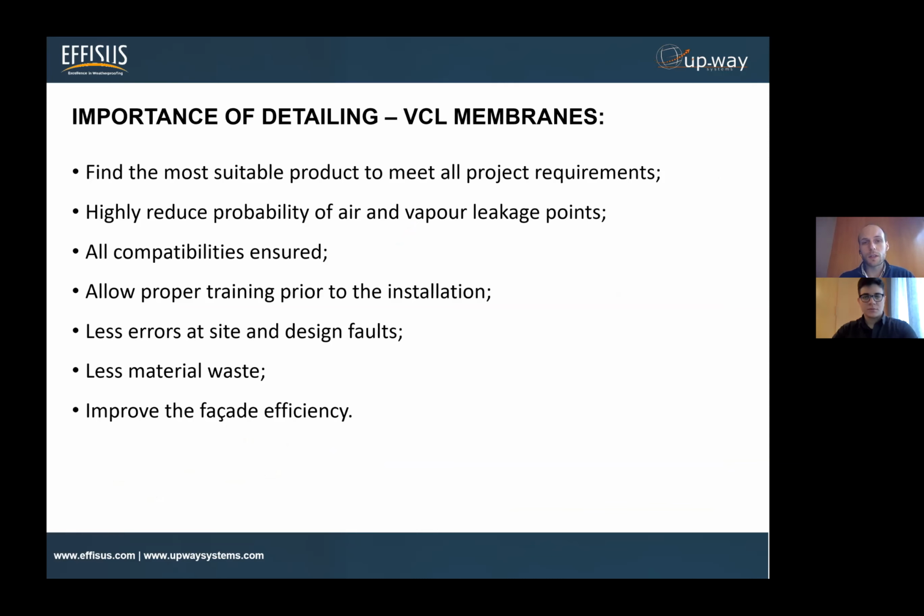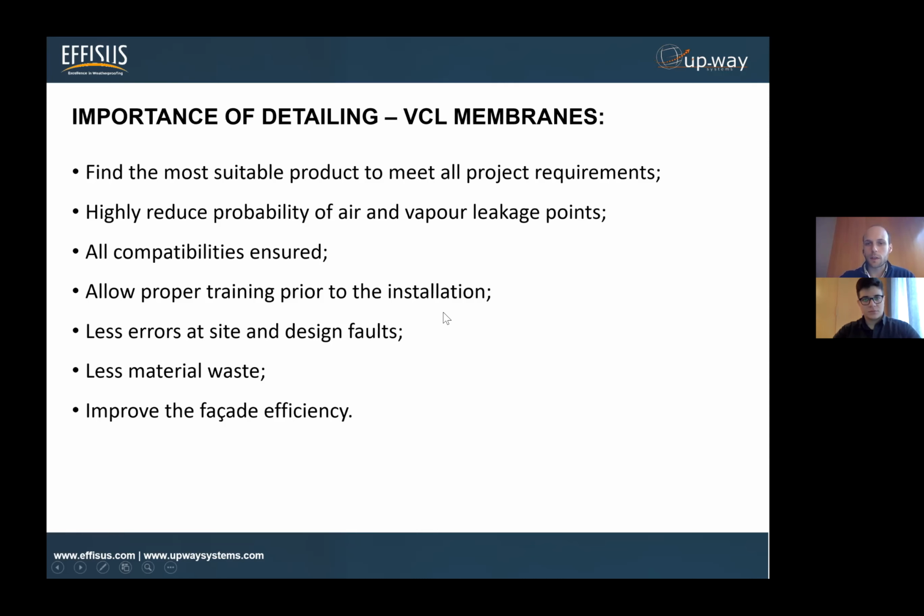Just as we're closing, I was highlighting the importance of trying to have as much information as we can before or during the design stage, and to understand the very specific requirements of the project, because we have a different portfolio and different accessories, and we can offer the ones that best serve the project requirements.